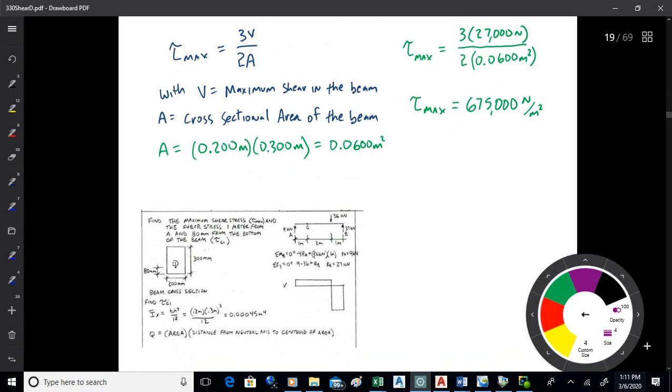So you just find the area of the beam, 0.2 times 0.3, 0.06 square meters, and take 3 times the maximum shear, which is on the right there. It's 27,000, divided by 2 times the area, 0.06, and you get 675,000 newtons per meter squared.